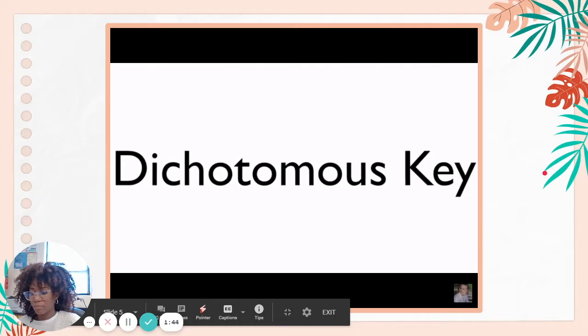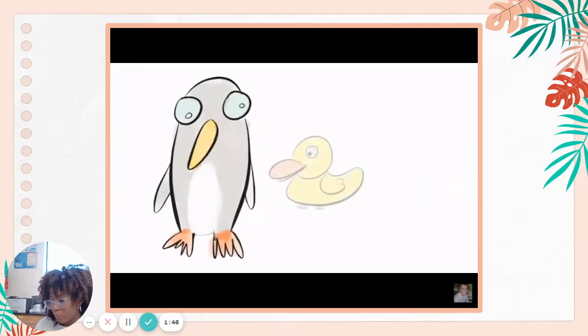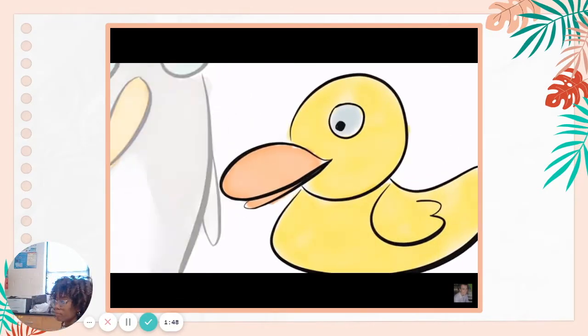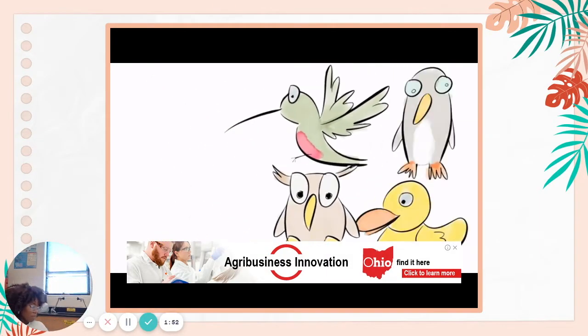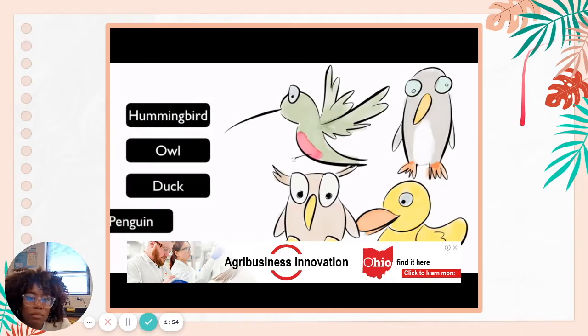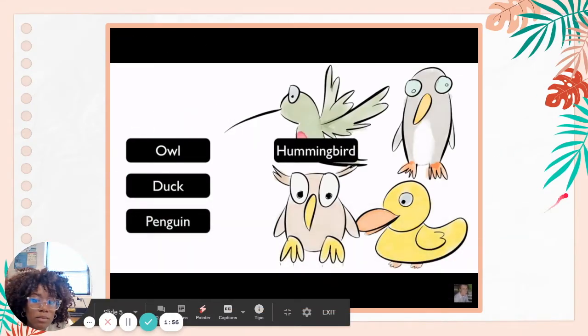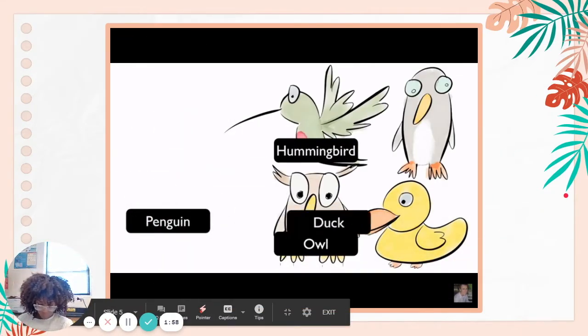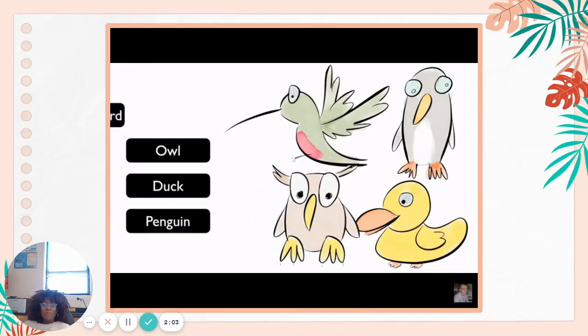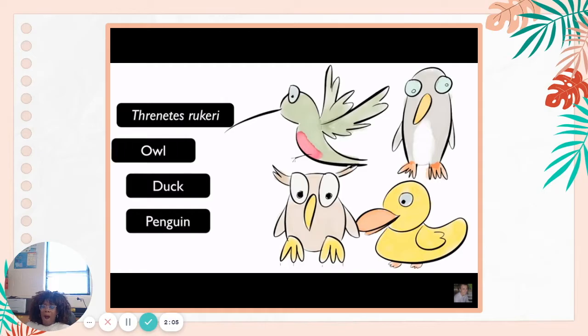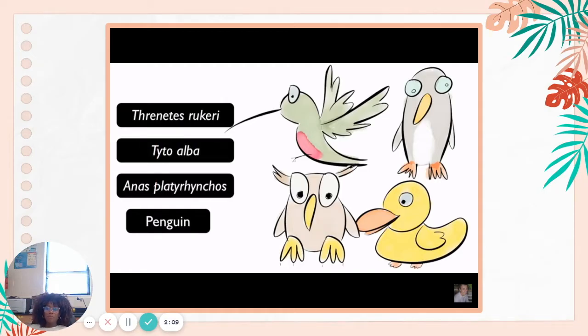Dichotomous key. There's a lot of birds in our world, and if you were asked to identify a bird based on its characteristics, you could probably do it. We could probably name the hummingbird, the owl, the duck, and the penguin based on its features. But if you were asked to name these birds using their scientific name, the task wouldn't be so easy.